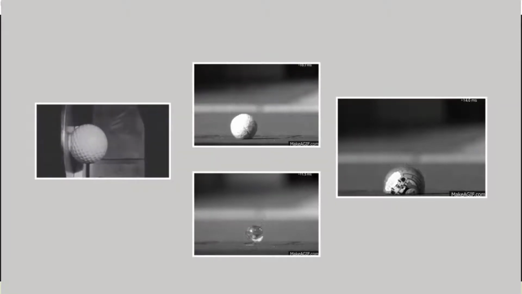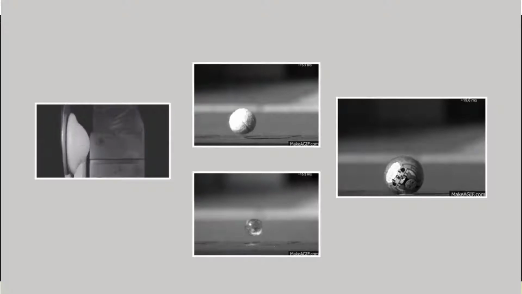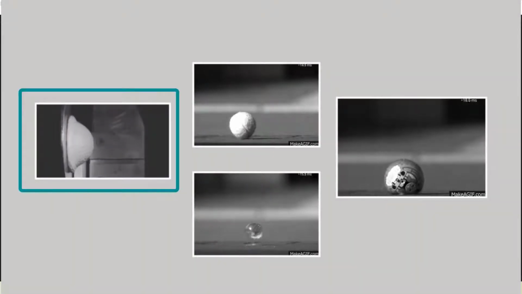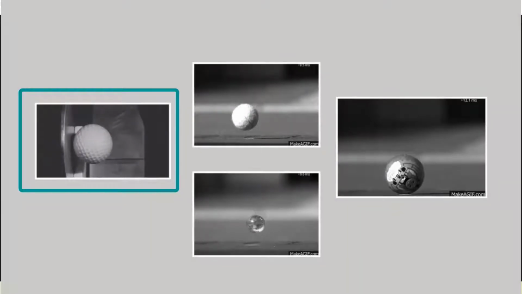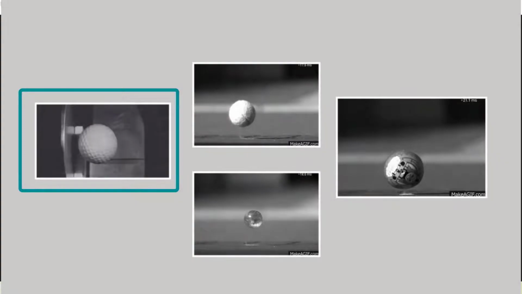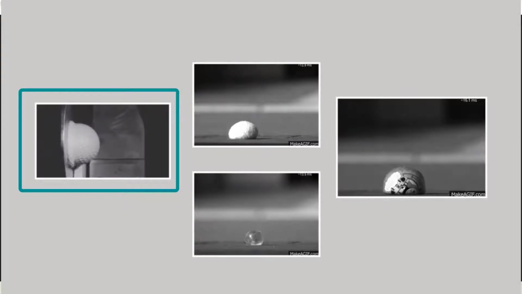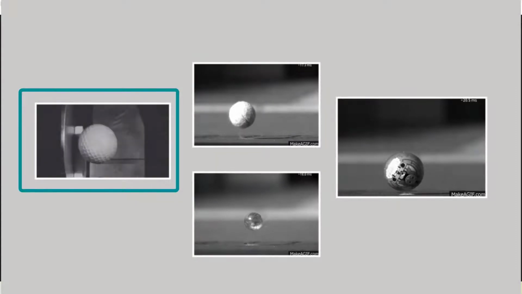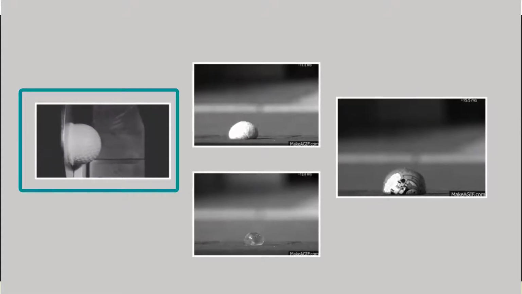For instance, you can see with this demonstration here the way this golf ball is interacting. Interestingly, when you hold a golf ball, you would not have believed that it will squash and stretch the way it's doing here.